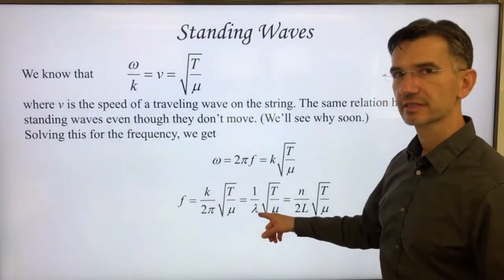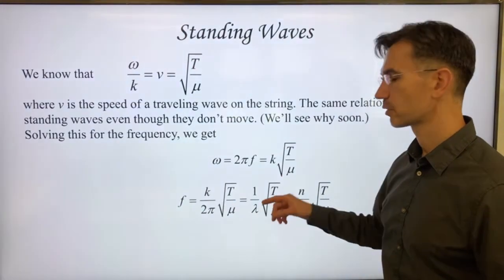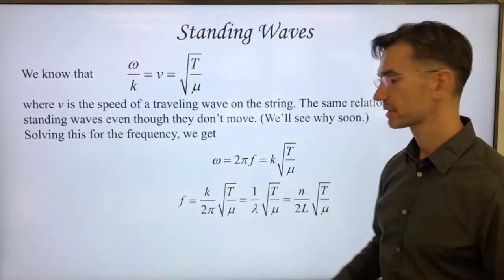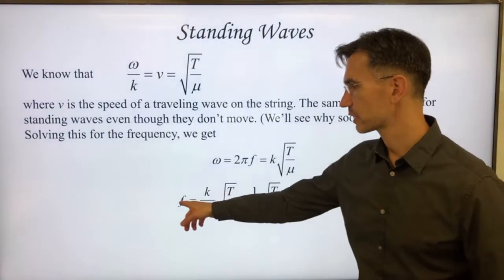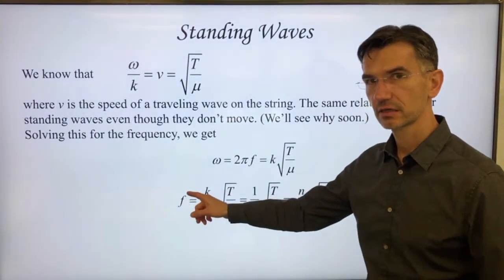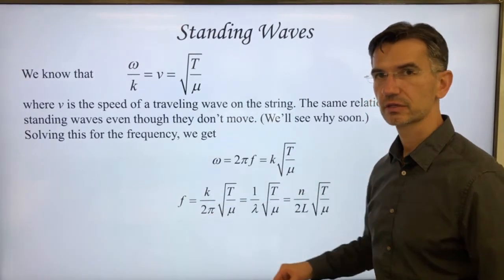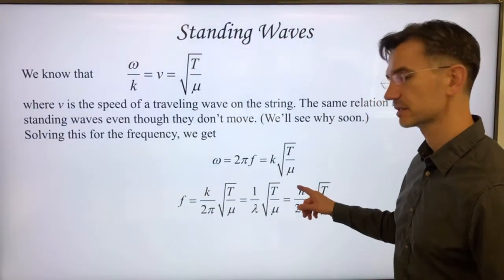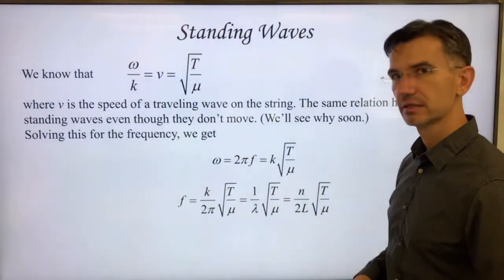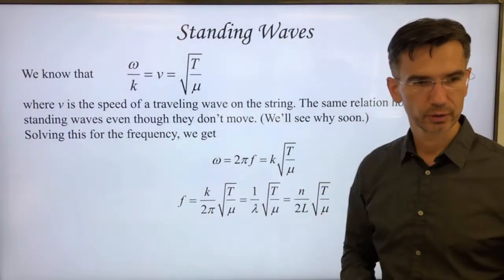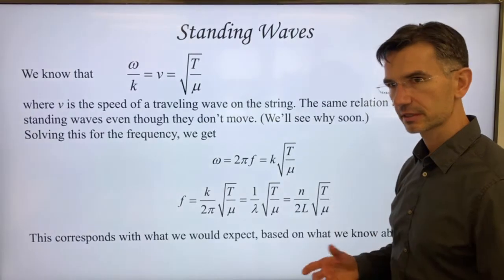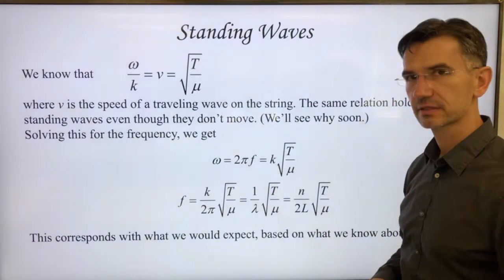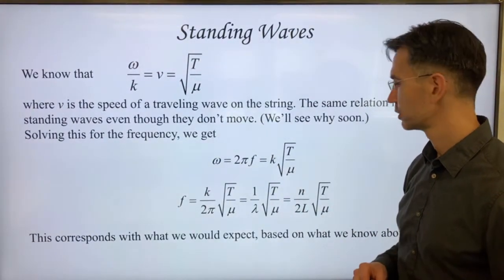And we know this is a standing wave on a string, so the wavelengths are only a certain set of numbers that correspond to 2L over n. So then our expression for any harmonic frequency on a string is f equals n, where n is an integer, over 2L times square root of T over mu. And if you have played a musical instrument like a string instrument, you intuitively know this is a correct equation.